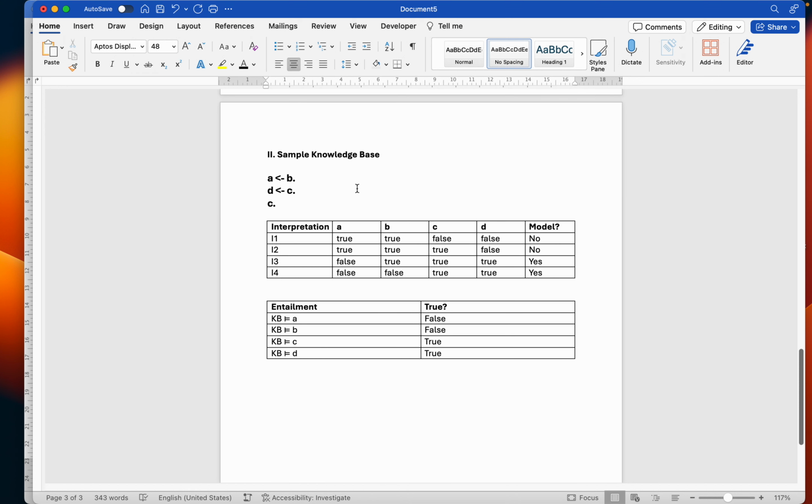In the second part, we have a sample knowledge base in which we can see that A is dependent on B and D is dependent on C, but we have been given more specific information that C is true.